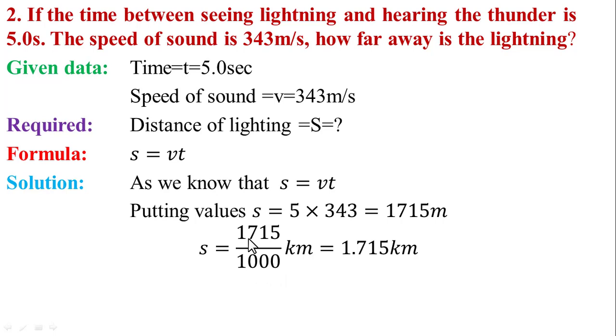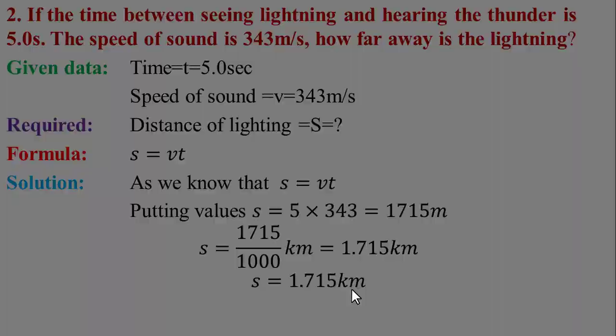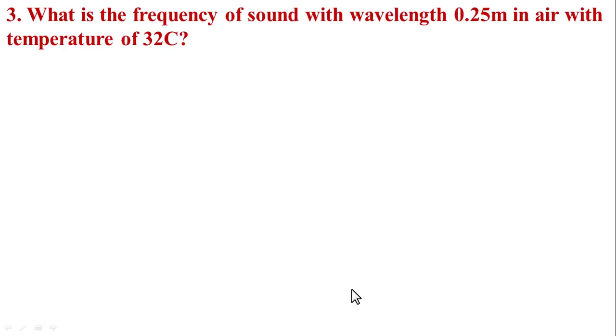So 1715 divided by 1000 kilometer is equal to 1.715 kilometer. Now s is equal to 1.715 kilometer.